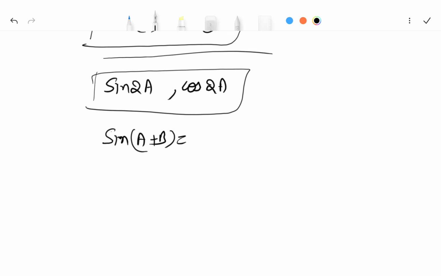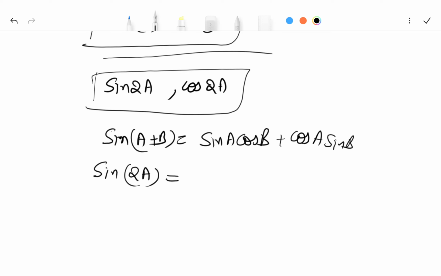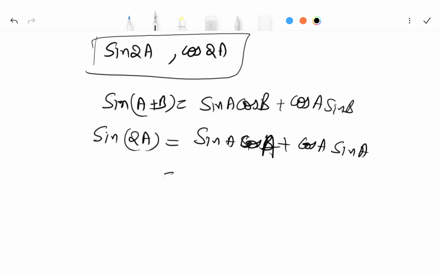It is equal to sin A cos B plus cos A sin B. If I substitute B equal to A, then I will get sin 2A equal to sin A cos A plus cos A sin A, which is equal to 2 sin A cos A. This is the formula for sin 2A.